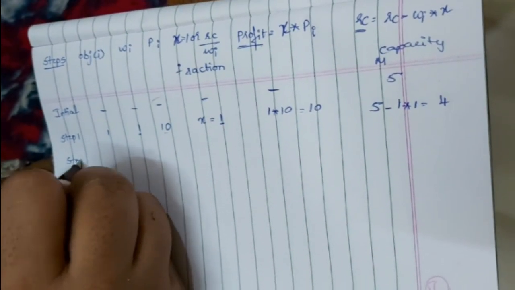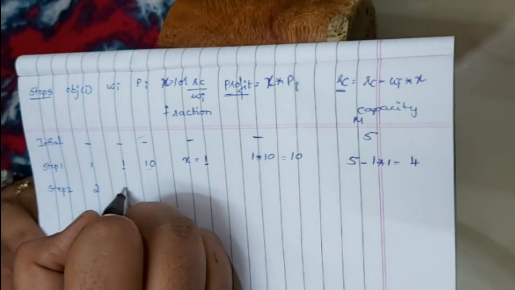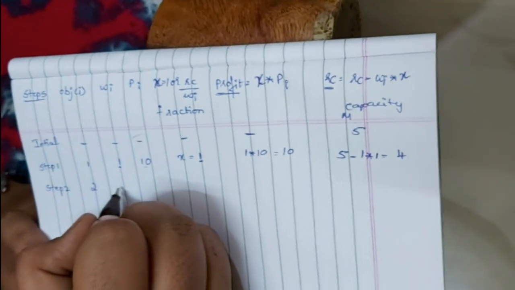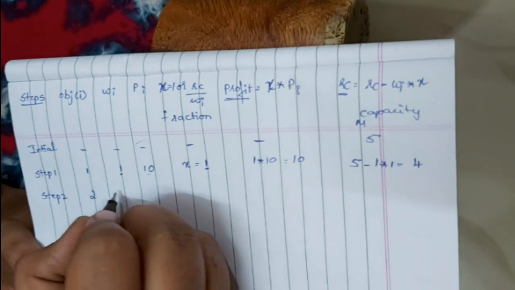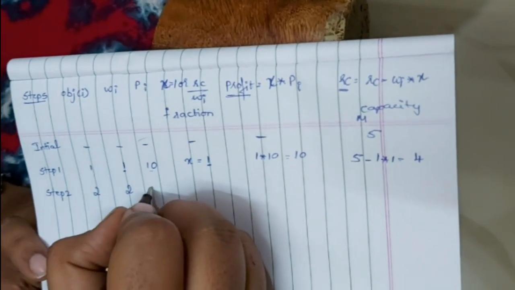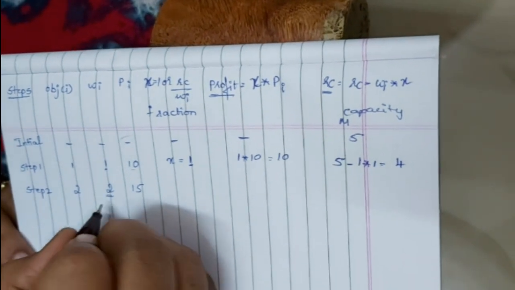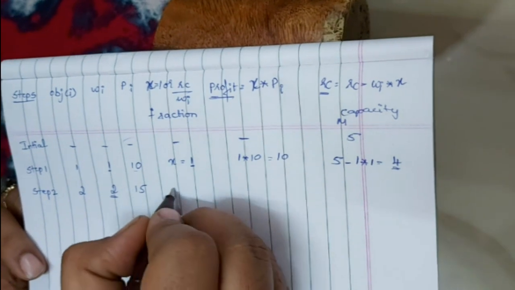So next we are going to move to step 2. We are going to insert the second item inside the knapsack, whose profit weight ratio is the next highest value, 7.5. So the weight of that particular object is 2 and profit is 15. The weight is only 2 and the remaining weight here is 4, so we can insert the entire object inside the knapsack.